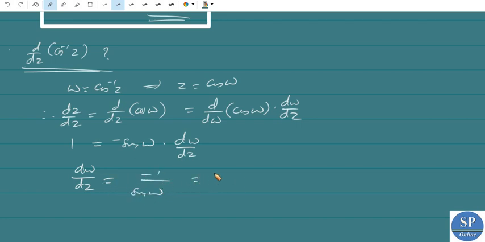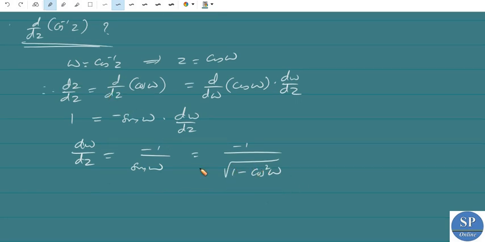This we can also write as minus 1 divided by square root of 1 minus cos square w, because cos square w plus sine square w is equal to 1. So we can write sine w is equal to square root of 1 minus cos square w, and cos w is nothing but z. So this is equal to minus 1 by square root of 1 minus z square. This is dw by dz, that is d by dz of cos inverse of z.